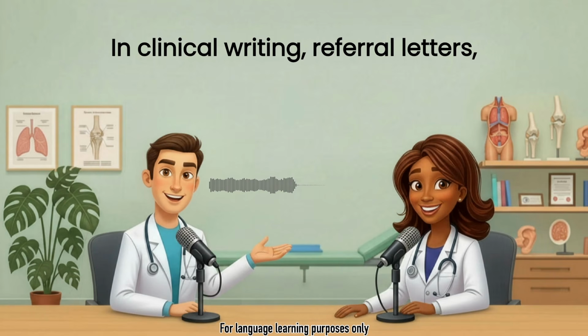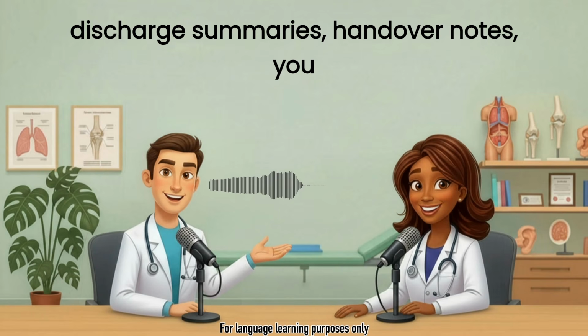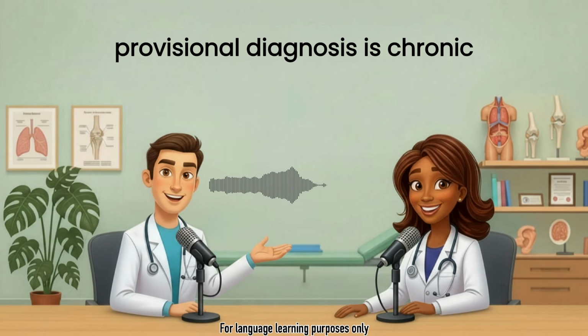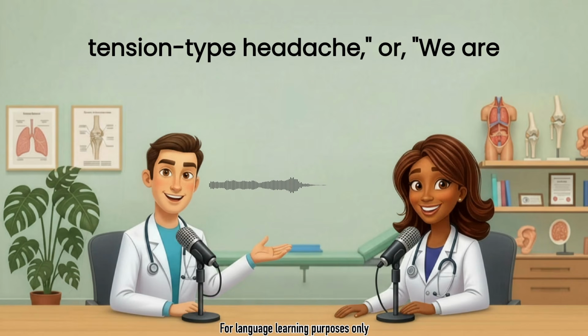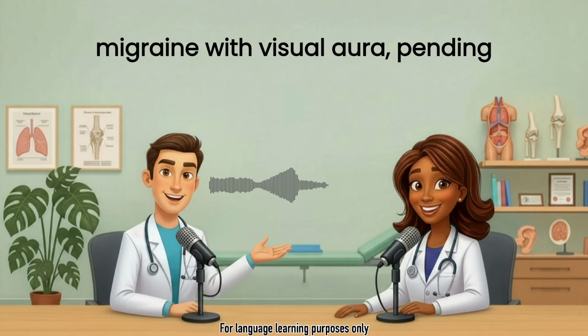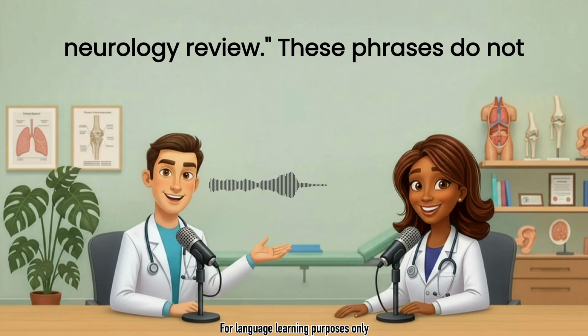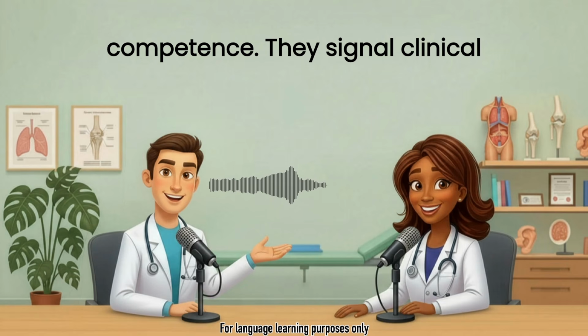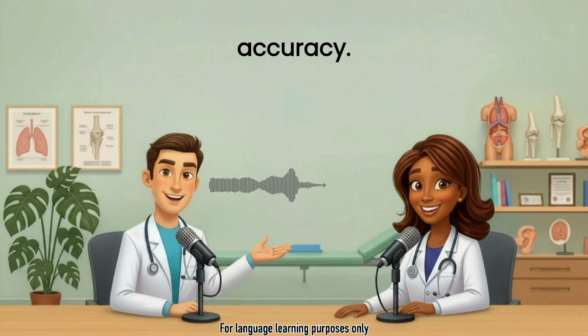In clinical writing, referral letters, discharge summaries, handover notes, you will often see phrases like, "The provisional diagnosis is chronic tension-type headache," or, "We are working on a provisional diagnosis of migraine with visual aura, pending neurology review." These phrases do not signal uncertainty about the clinician's competence. They signal clinical accuracy.